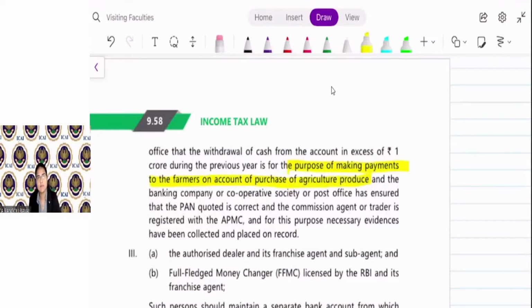And the banking company or cooperative society or post office has ensured that the PAN quoted is correct and commission agent or trader is registered with APMC for this purpose.